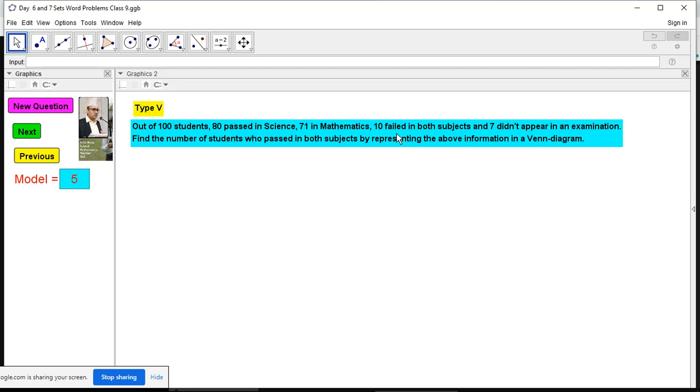So failed means that is out of their union, that is the complement part. And 7 did not appear in an examination. Can you write whether 10 and 7 both are in the complement part or not? Dear students, can you respond on it? 7 did not appear in an examination.